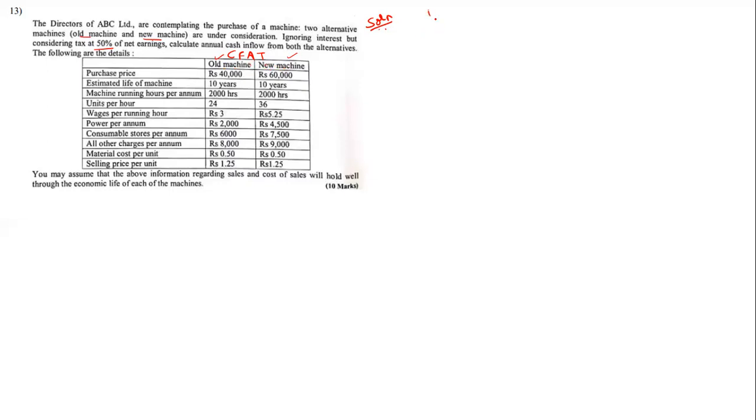Now let us write here together: determination of CFAT. By now we know that we are supposed to get the CFAT for both old machine as well as new machine. So what I'll do now, I'll be just having a table here for a simple representation, right?